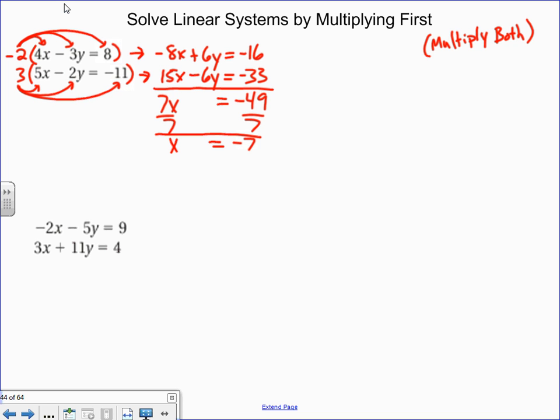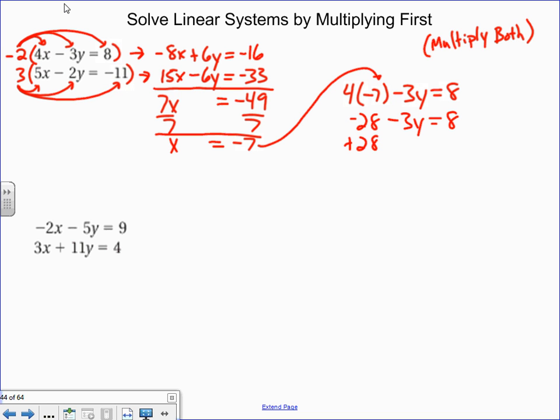Now again, pick one of your original equations. I'm just going to pick the 4x minus 3y. Instead of x, I'm going to substitute the negative 7 in there. 4 times negative 7 is negative 28, minus 3y equals 8.